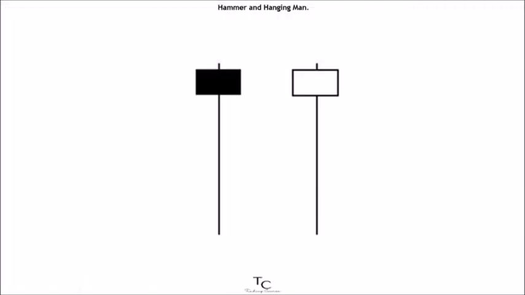Hammer and hanging man. The hammer and hanging man look exactly alike, but have different implications based on the preceding price action. Both have small real bodies, black or white, long lower shadows and short or non-existent upper shadows.